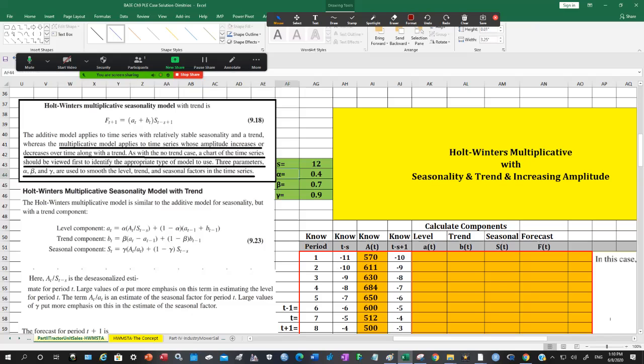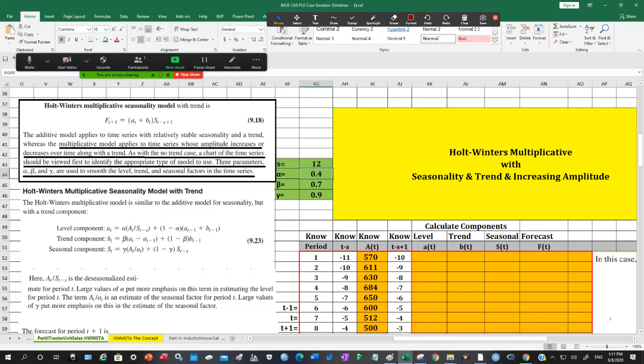I am initializing alpha to 0.4, beta to 0.7, gamma to 0.9. Alpha, beta, and gamma do not have to add to a specific value. So alpha plus beta plus gamma doesn't make sense, right?